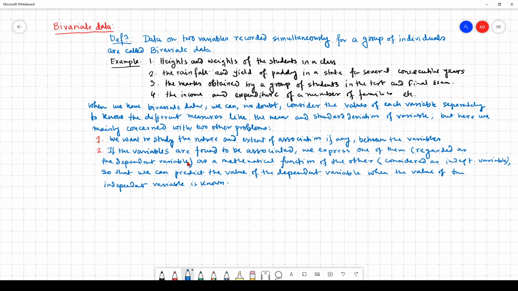The first problem is called correlation analysis, and the second problem is called regression analysis.